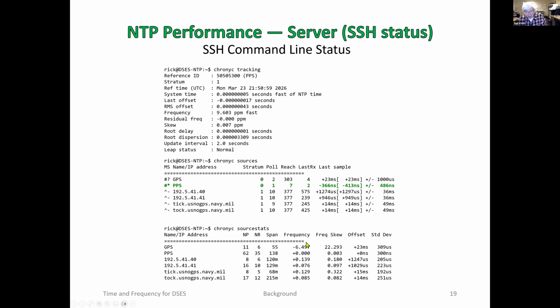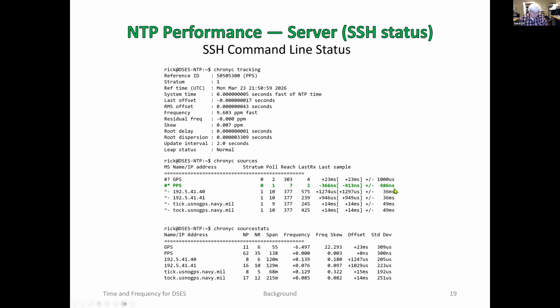And down in these charts at the bottom, you'll see the green line here says PPS, and it has a star next to it. And that means the PPS from the GPS receiver is what is being used to calibrate the NTP time that it's serving to all of the computers on the network. And it is running at an accuracy of about a half a microsecond.